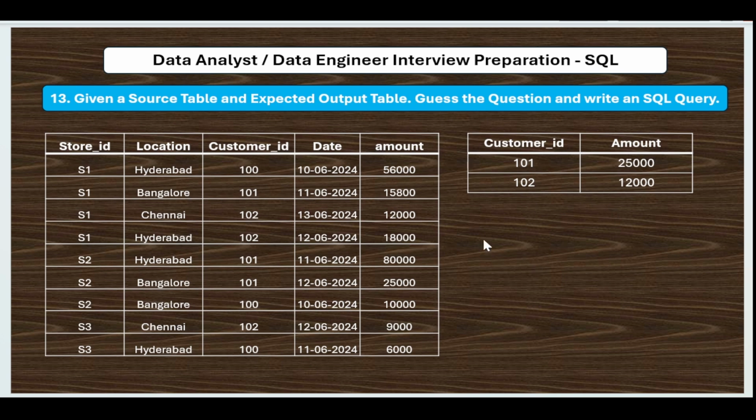Now we should understand what the data is. Customer 100 has been shopping in different locations. You can see here, on 10th June this year, he did a shopping in Hyderabad in store one, and the same customer, on the same date, went to Bangalore, to a different store, and again did a shopping.